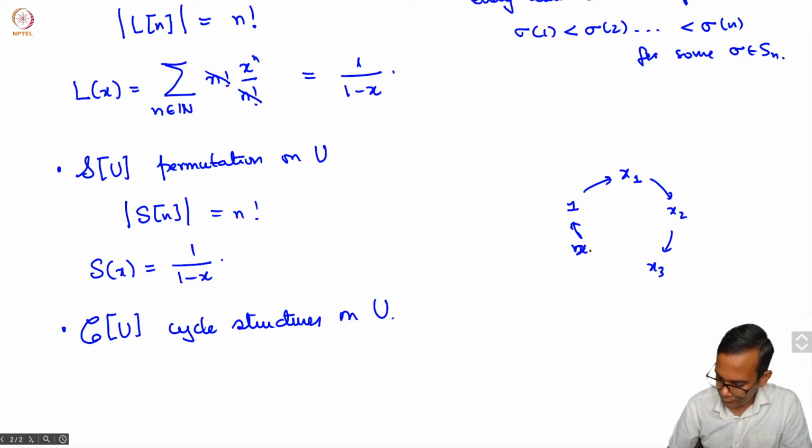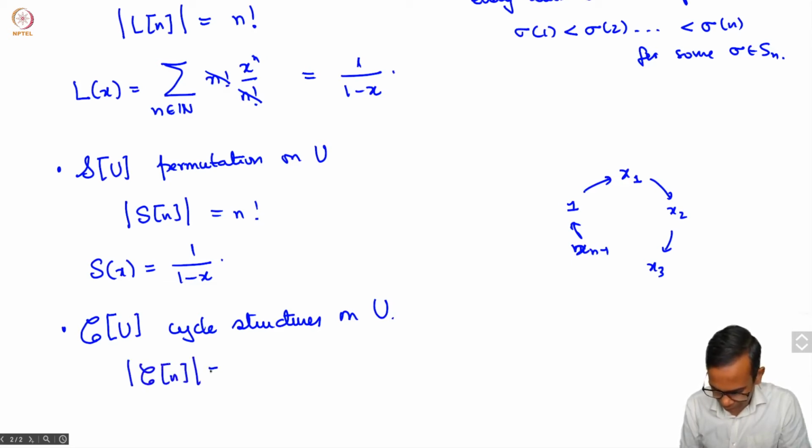And then what we see is that x1, x2 up to x_{n-1} can be any permutation of the elements 1 to n minus 1. And different permutations will give us different cycles. So the number of cycle structures on [n] is (n minus 1) factorial.